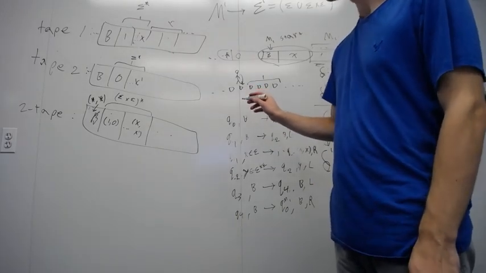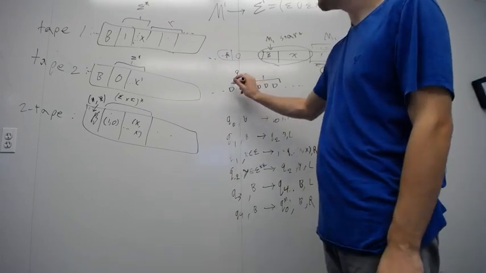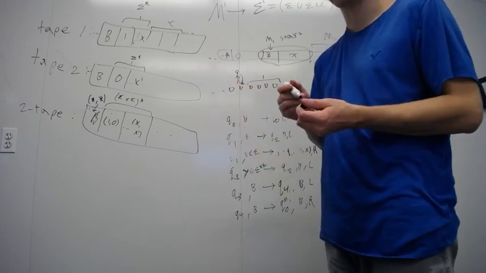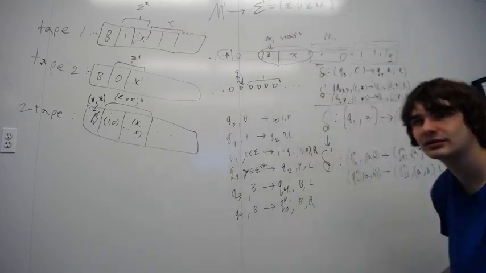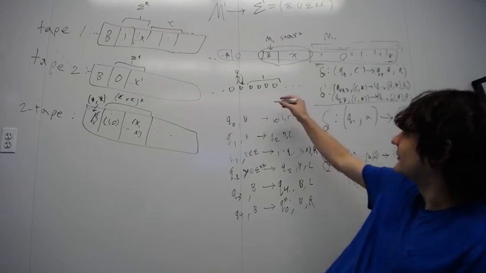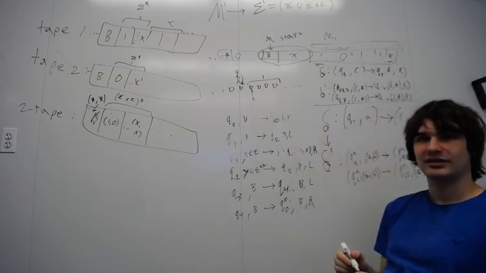So let's say, for example, that your process is to walk and look at this box, look at this box, look at this box, look at this box, and then halt and accept. What language are you accepting? And let's assume what's in the boxes are elements of Sigma. I guess you'd accept any language.